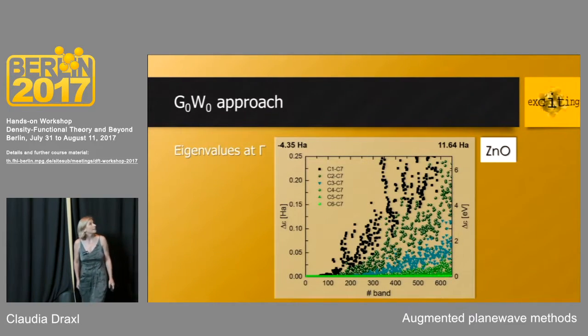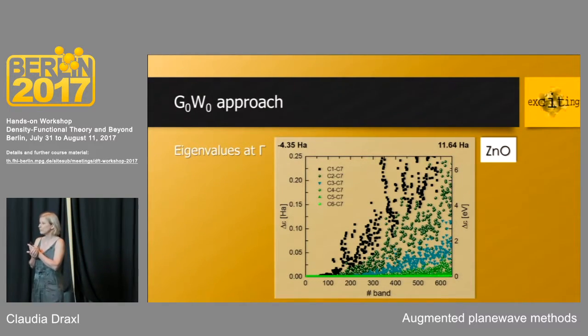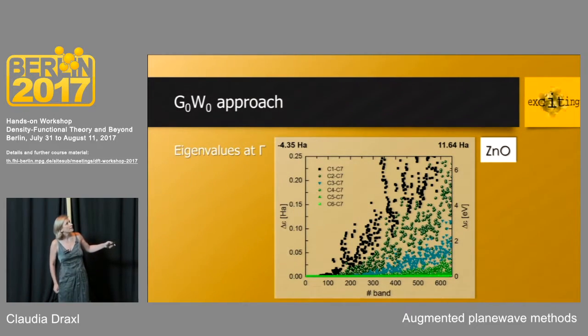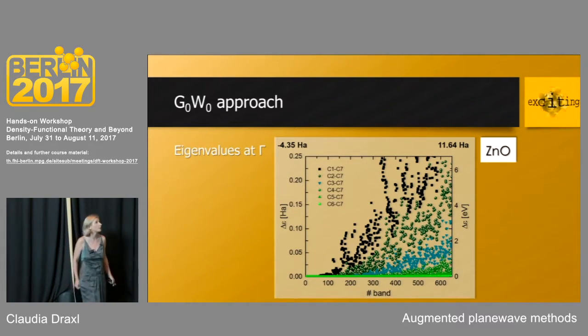And this is the Kohn-Sham eigenvalues at the gamma point. What you see here is the difference between the respective basis set and the best possible basis set. C7 is the one with these more than 800 local orbitals.